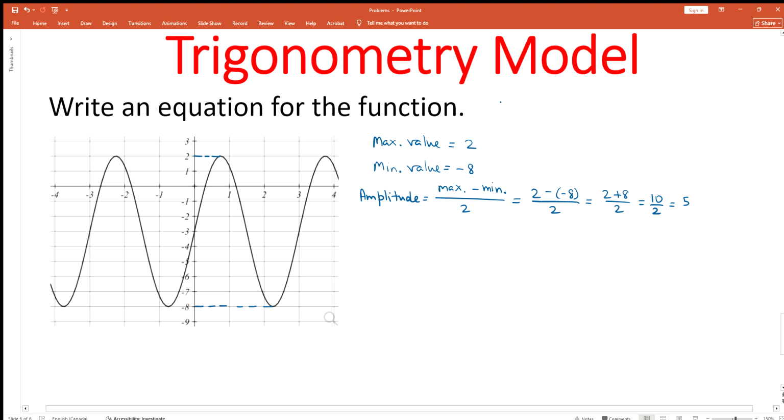Next, we can find the midline or the vertical translation. The midline is a horizontal line that passes through the middle of the graph.